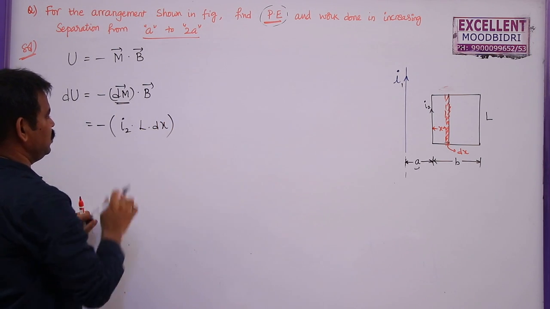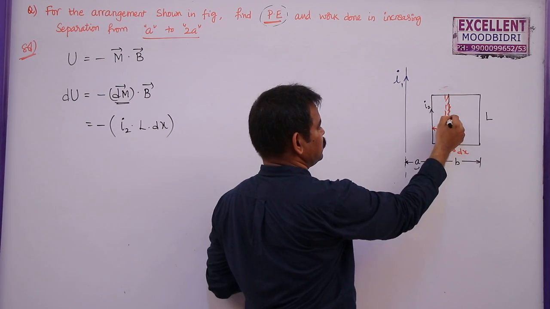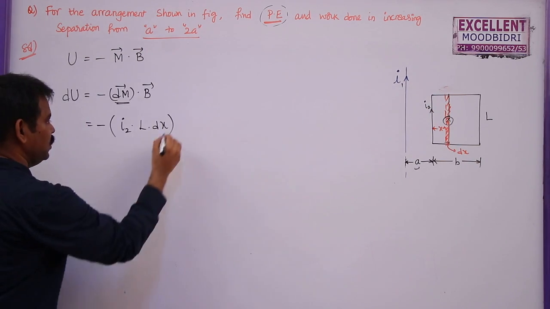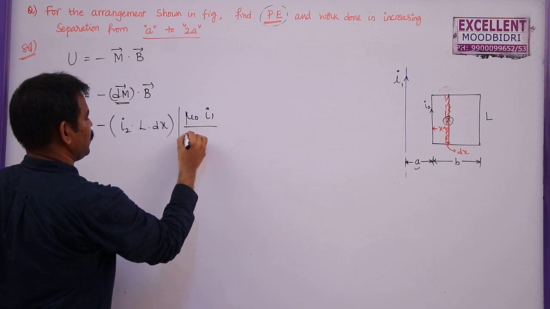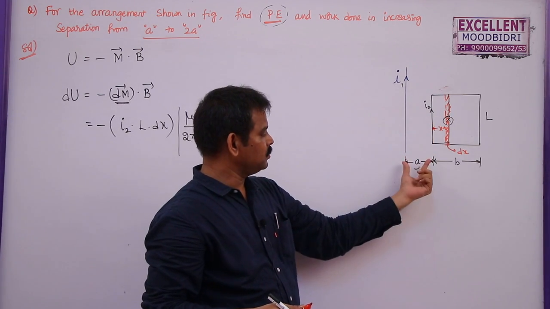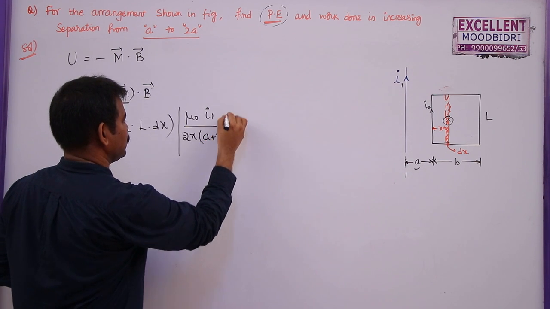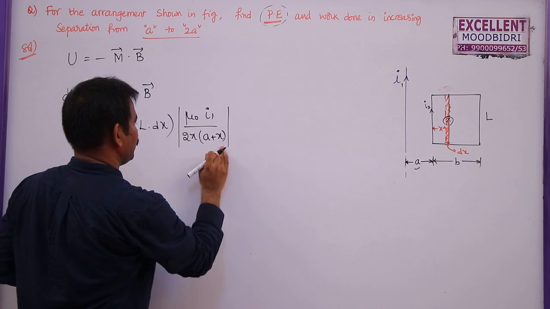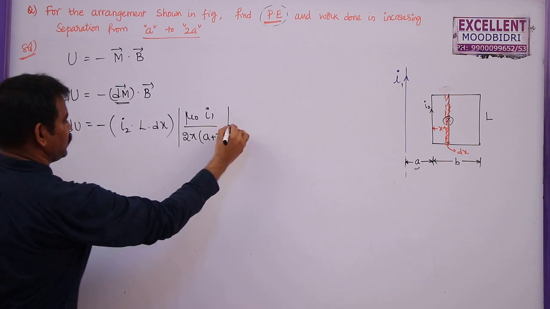So this is dm. And what is B here? The magnetic field due to this current at this point is given by mu naught I1 by 2 pi into the distance of this point from here, which is A plus x. This is dU, let me take it as equation 1.